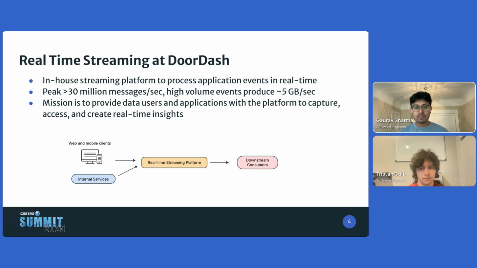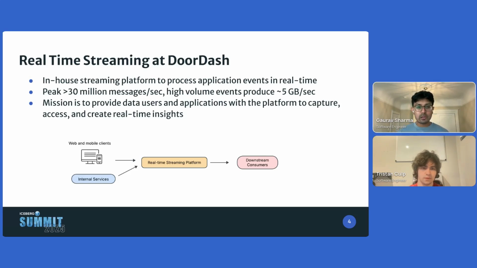A lot of our downstream users have critical use cases such as real-time ML feature generation, critical ETL dependencies, and so on. And a lot of these require very low latency and near real-time data availability.